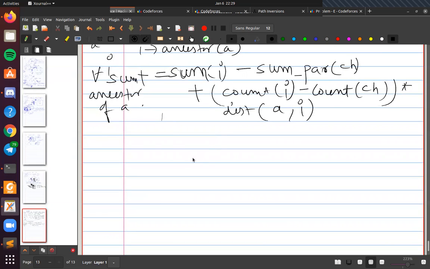So is it clear? This question, BST maintenance.